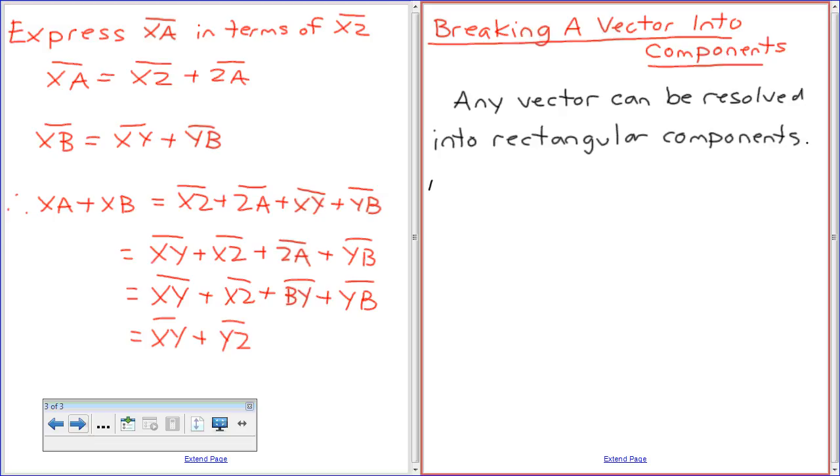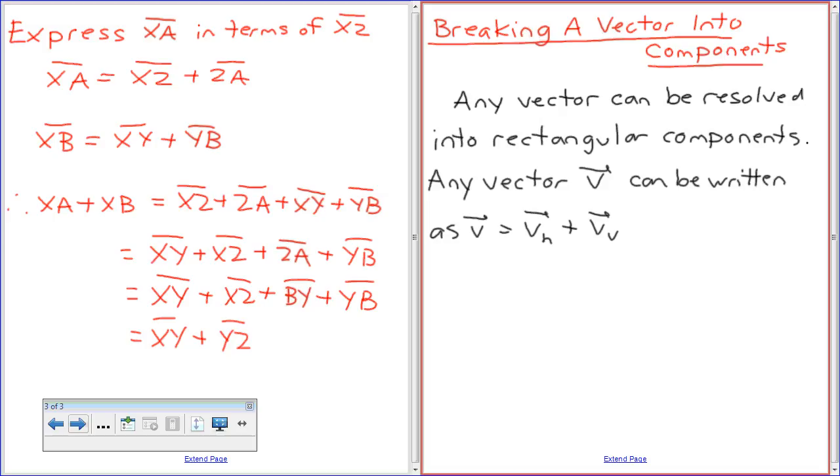We're going to say any vector v can be written as v equals vh plus vv, and this is what I mean.